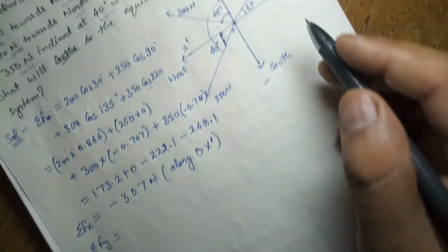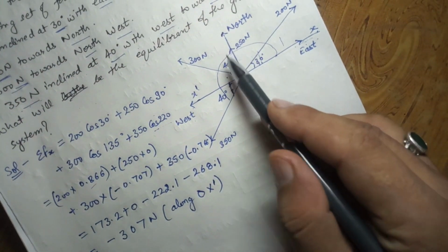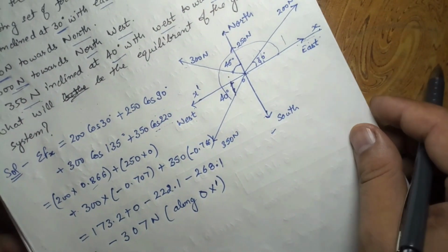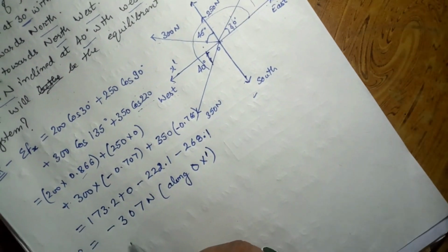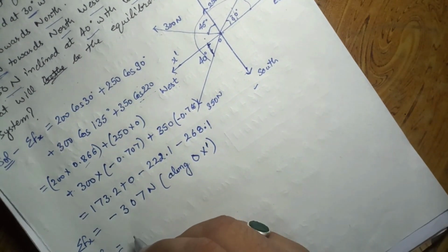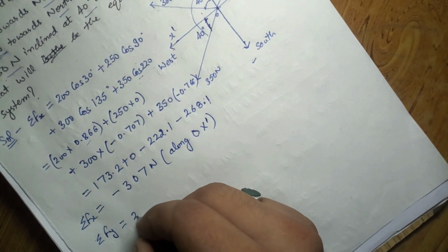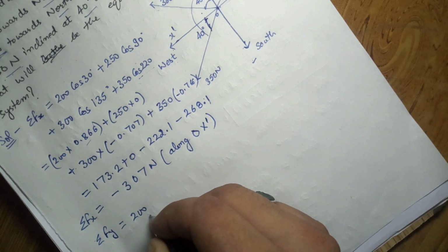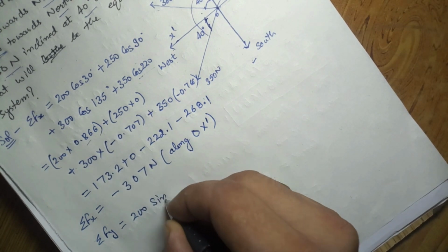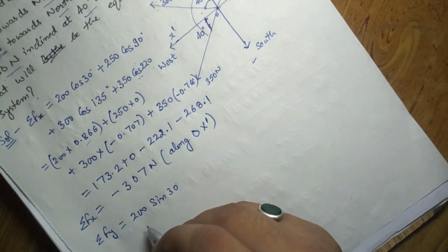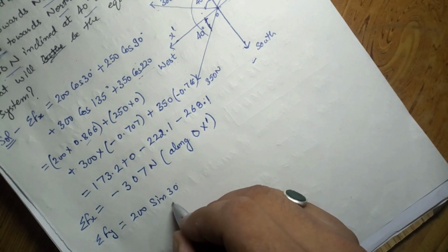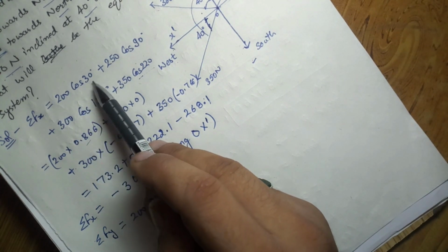So now we will find out the y component of all the forces. So I'll show you how. Y component. So what is that? First component, 200 Newton, 200. Now the angle will be same, but only it will be with sine. Here we were using the same angle with cos.